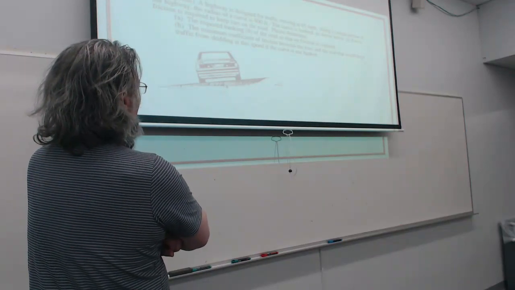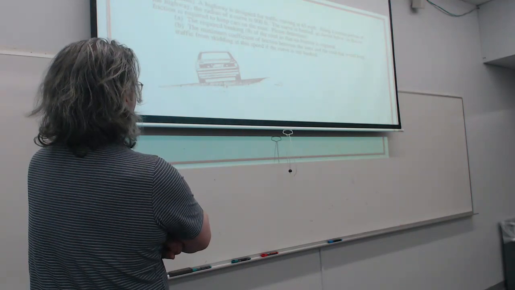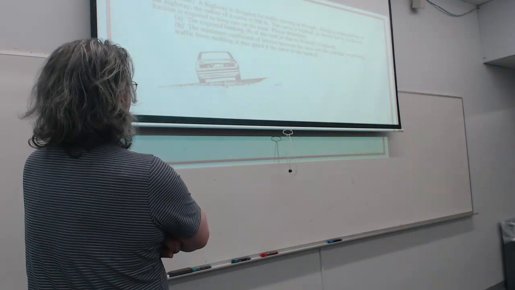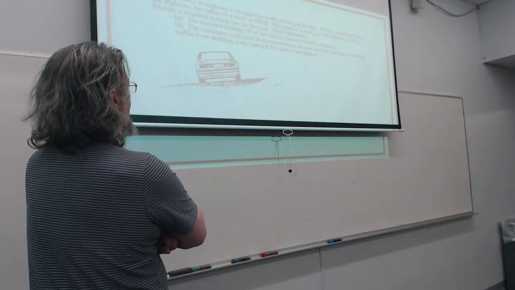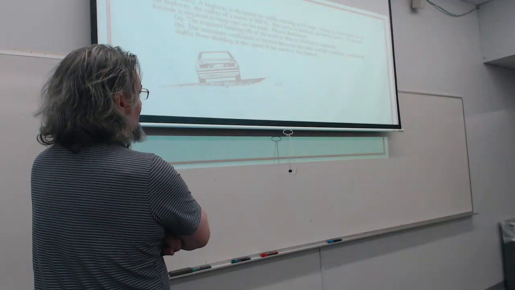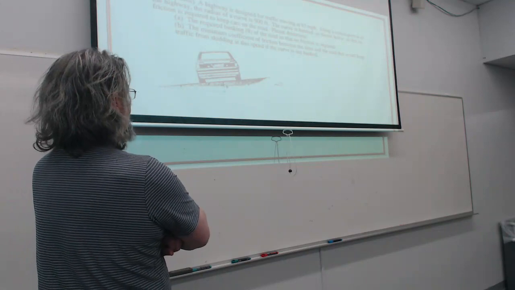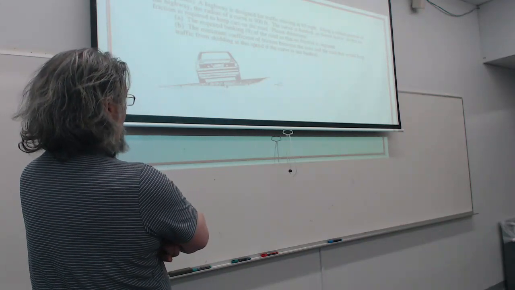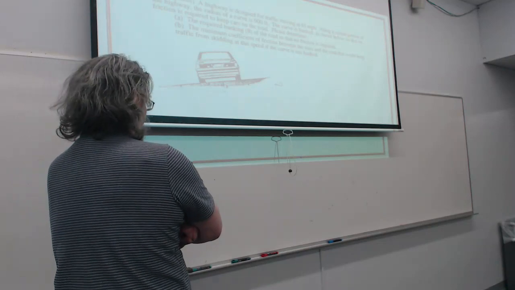The curve is banked, as shown below, so that no friction is required to keep the cars on the road. Please determine the required banking angle theta of the road so that no friction is required, and then the minimum coefficient of friction between the tires and the road that would keep the traffic from skidding at that speed if the curve is not banked. How do you approach this problem?